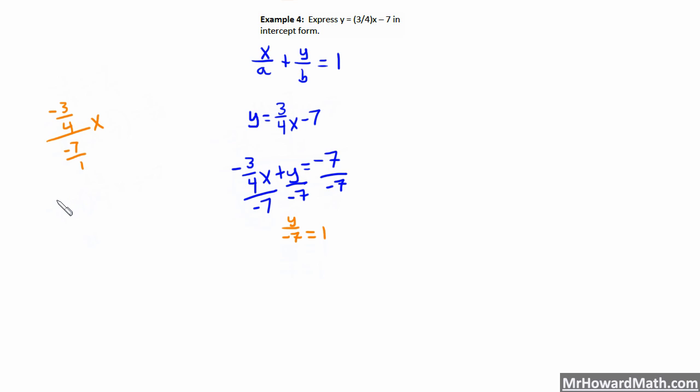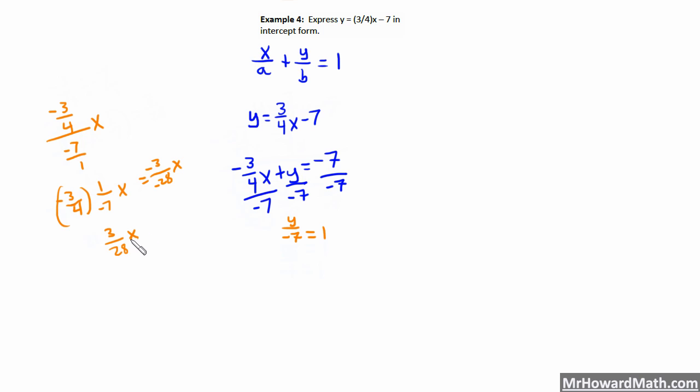So this is equivalent to negative 3/4 times 1 over negative 7 x. And that's equal to negative 3 over negative 28 x. So these two negatives will cancel out, and to simplify that, that's 3 over 28 x.